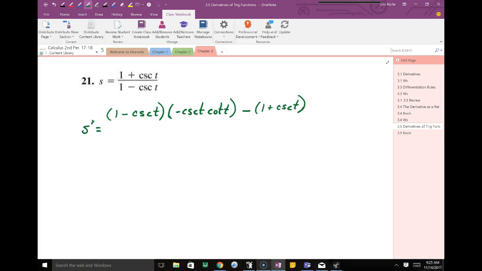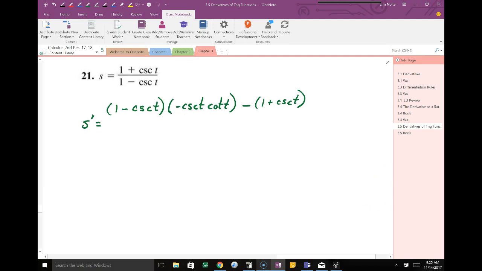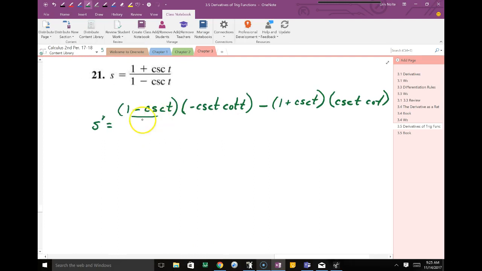Do you see how it's a minus, so it turns into a plus? Cosecant cotangent. It's one term, it's kind of like x times y. And then this is all going to be over your ho squared.